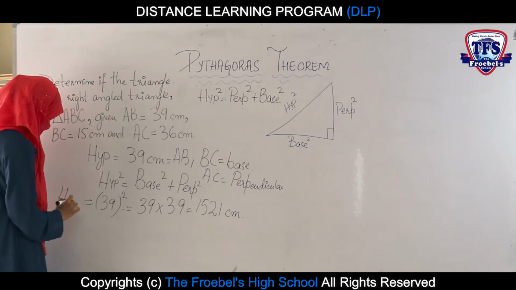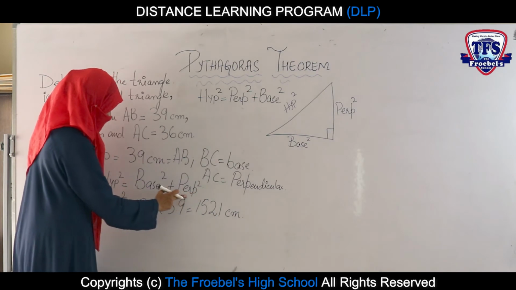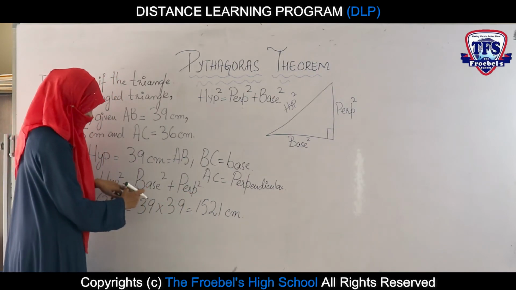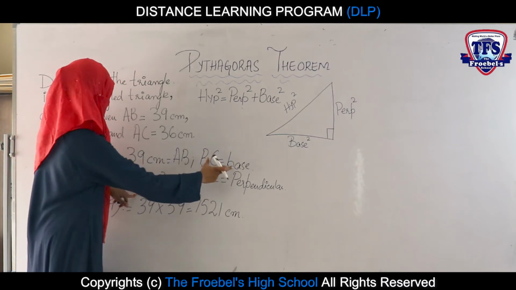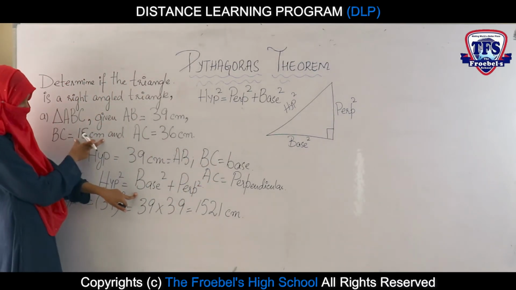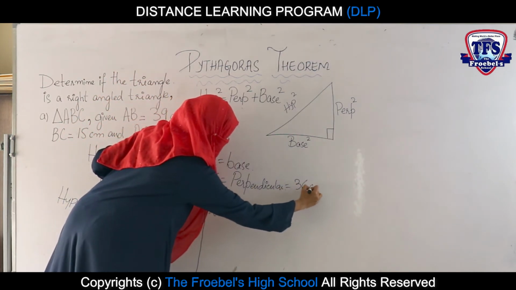Now I need to find the right hand side, base square plus perpendicular square. The value of the base we have considered as BC, which is equal to 15 centimeter, and the perpendicular is equal to 36 centimeter.